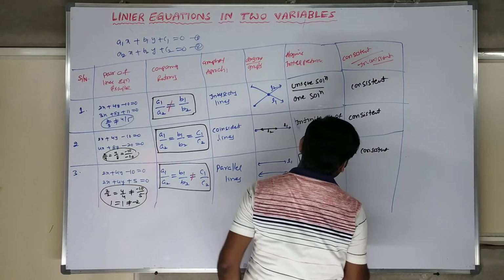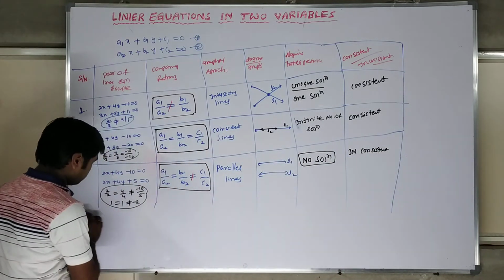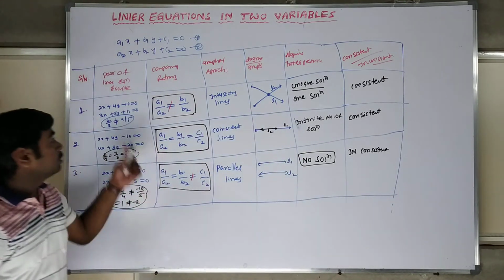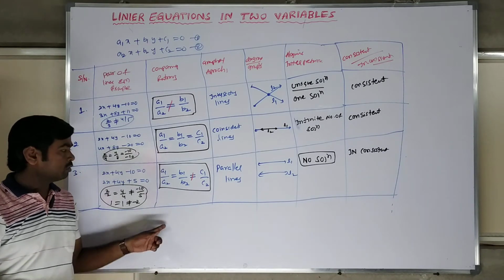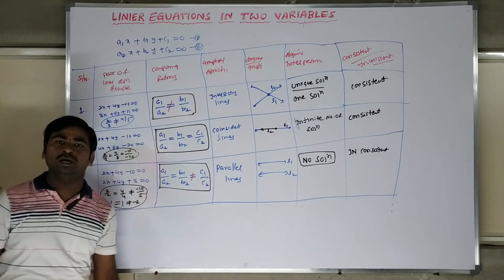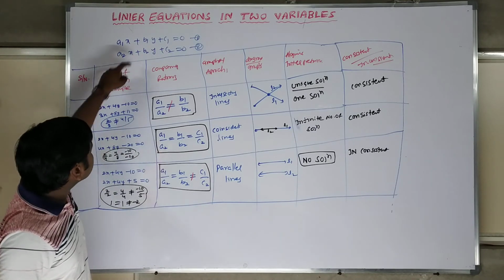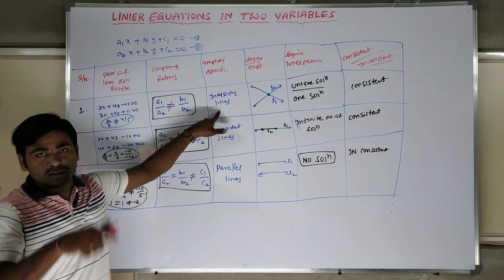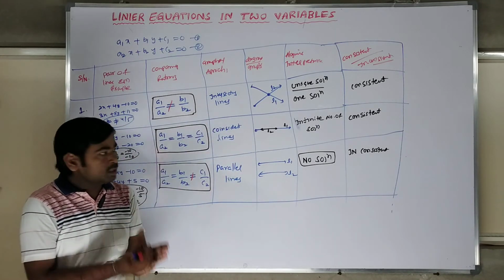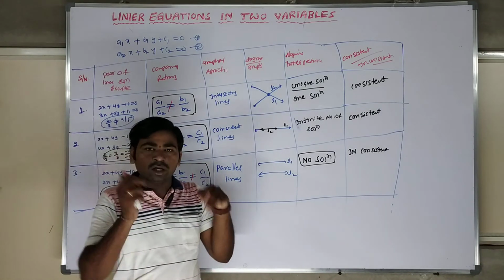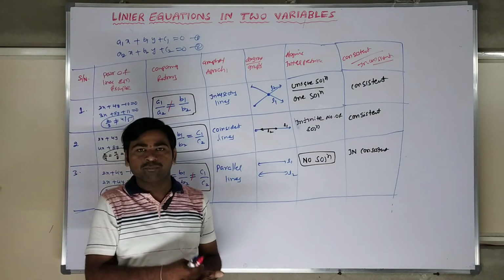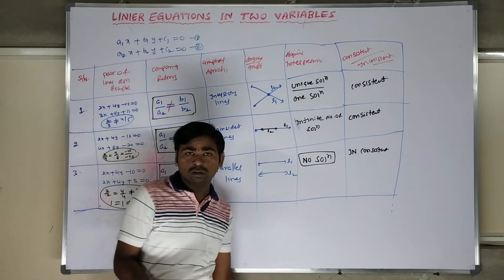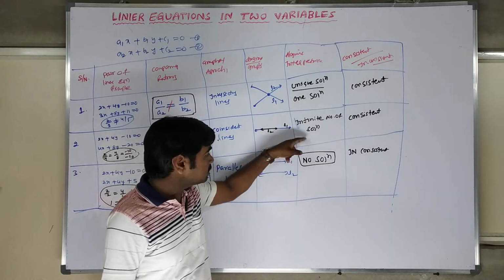These three concepts are very important when you are doing problems with two equations and two variables. If you know this concept, you can handle questions even for the IITs. Just see the equations, check the conditions, and see how the lines will come in the graph: whether they intersect, coincide, or are parallel. Without doing the problem, we can analyse and approximate whether a solution exists or not, whether it is a unique solution, infinite solutions, or no solution.